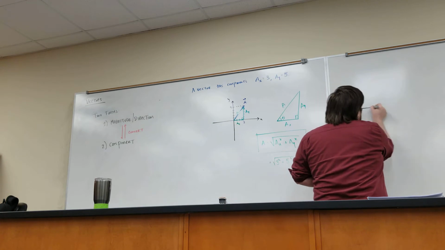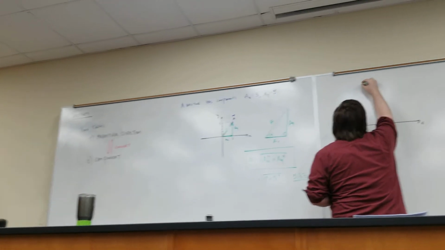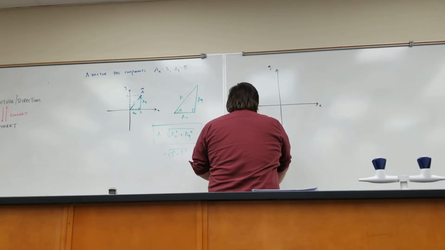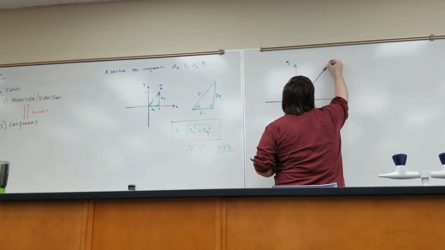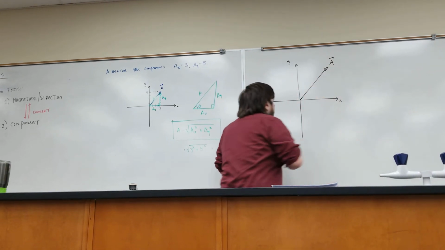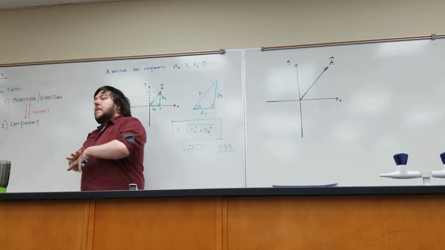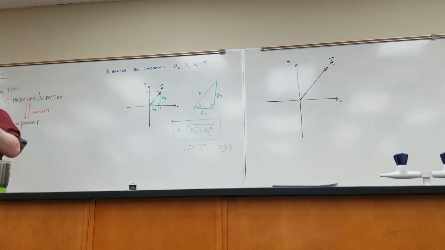So let me redraw this vector a little bit bigger to illustrate what I'm talking about. Let's say that this is A. If I want to describe the direction of A, there are many different ways to do this, all of which are correct.